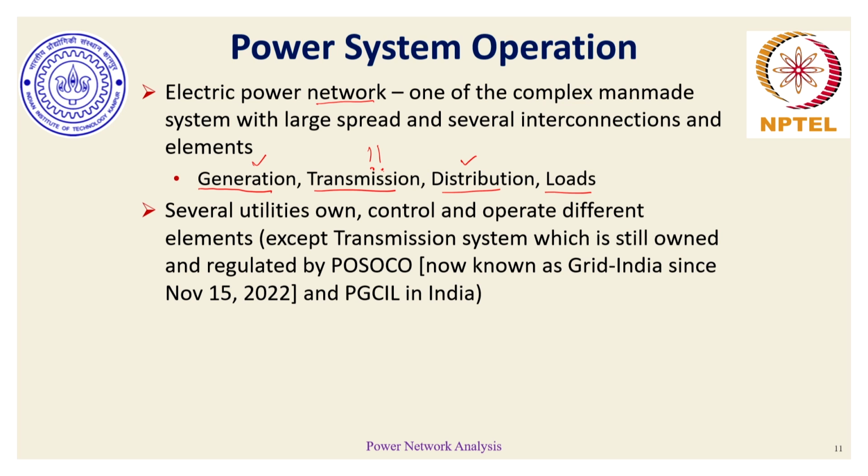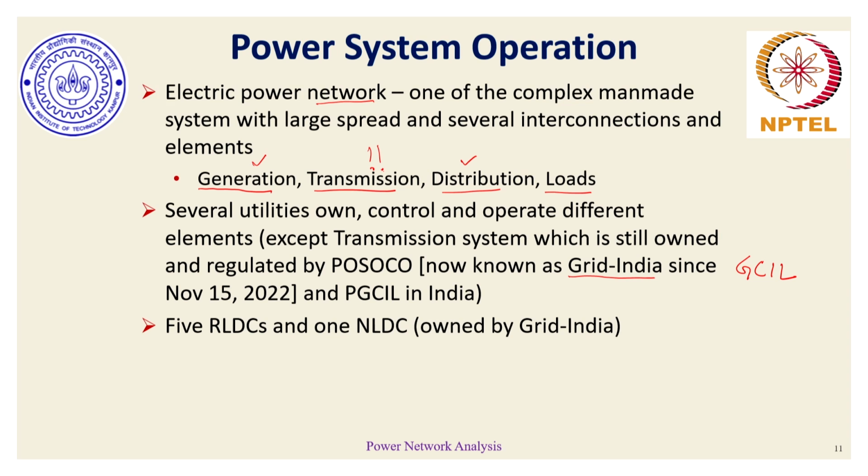It is still being owned and operated by POSOCO, which was known as POSOCO till 2022, and later on POSOCO was renamed as Grid Controller of India Limited, in short Grid India, or GCIL.